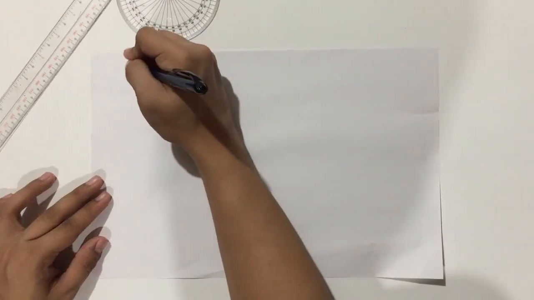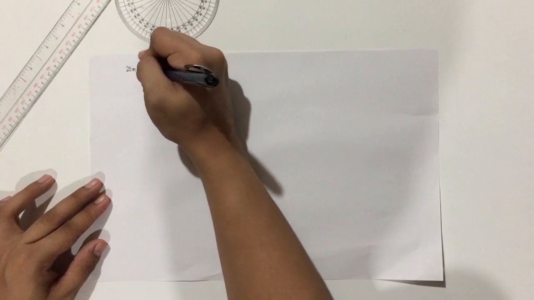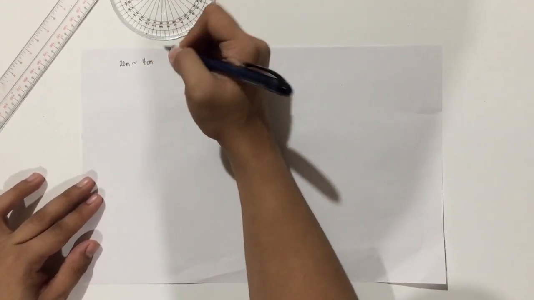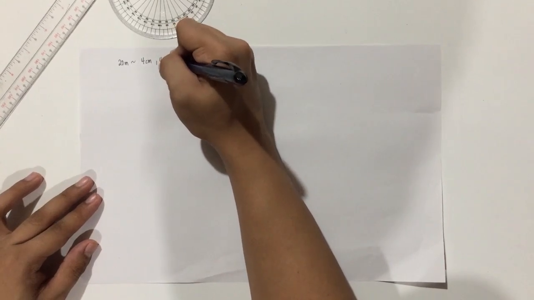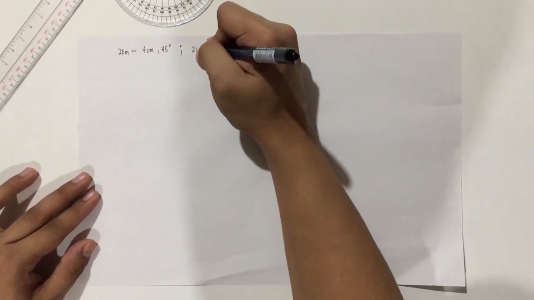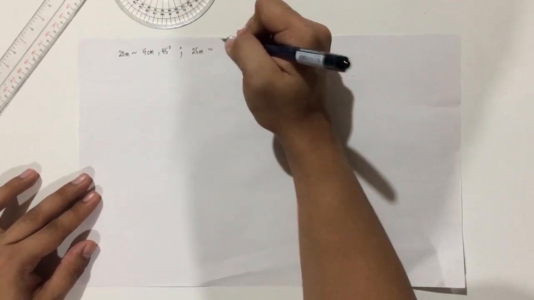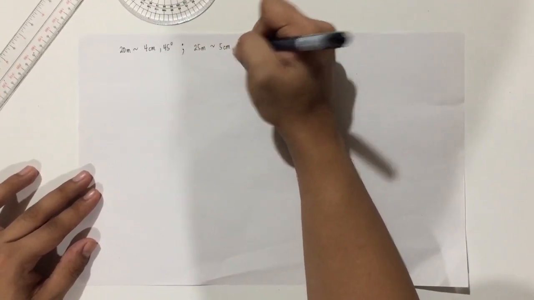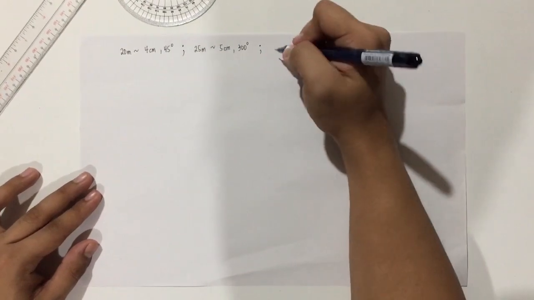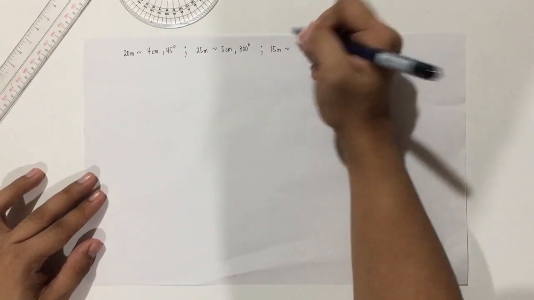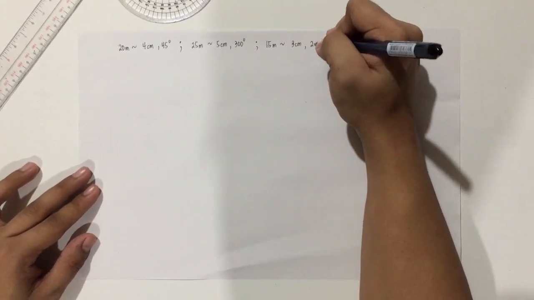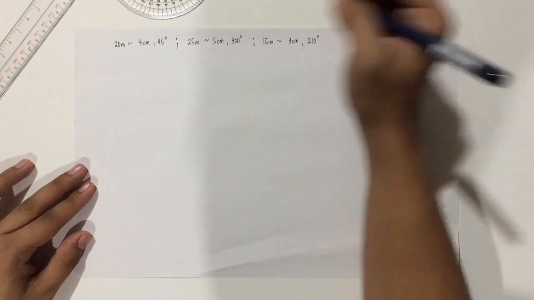Okay, now let's write our given and its corresponding converted scale. So we have 20 meters, that becomes 4 centimeters, 45 degrees. We have 25 meters, that becomes 5 centimeters at 300 degrees. And lastly, we have 15 meters, that becomes 3 centimeters, with the direction 210 degrees.